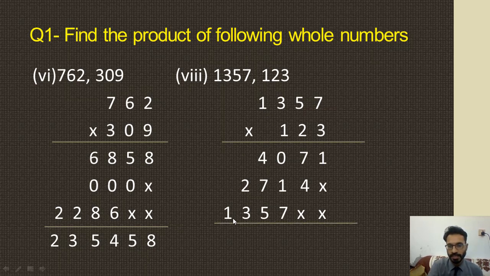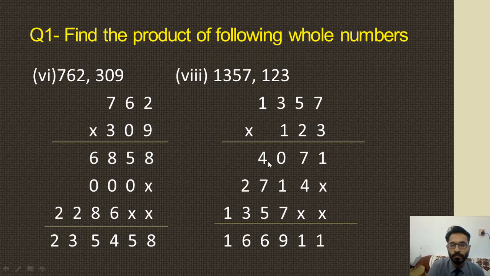After that we will add them. 1 plus 0 plus 0. So 1. Similarly 7 plus 4, 11. From 11, 1 is at unit place, so 1 from unit place will be written under 7 and 4 and 1 will carry to the next number. 0 plus 1 carry will become 1. 1 plus 1 is 2, plus 7 is 9. So 9 will be written under 0, 1 and 7 after addition.